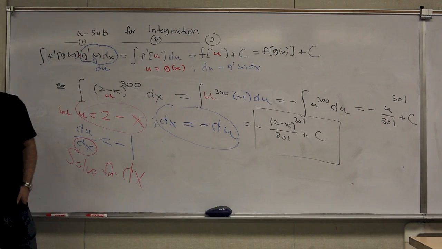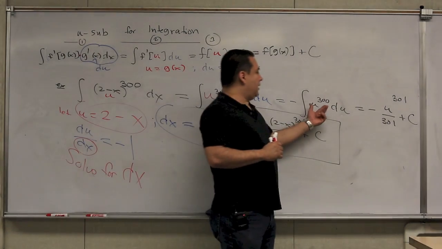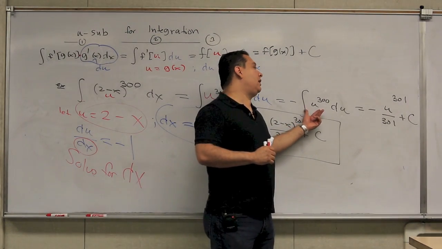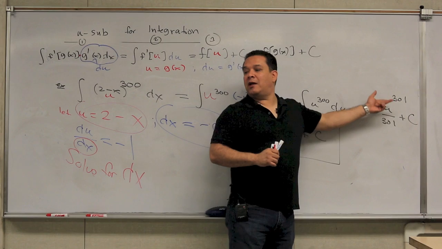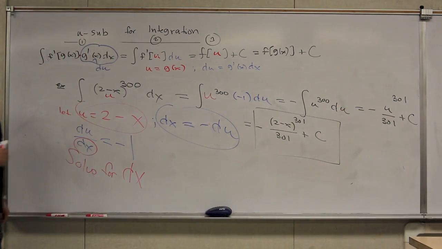Yes? When you take out the constant, it only applies to whatever, the x, not the c, right? Well, there is no constant here yet. It's until you take the antiderivative and then you add your constant. Okay, there's your final answer.